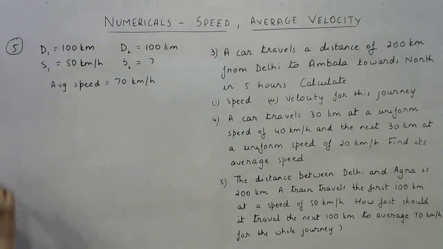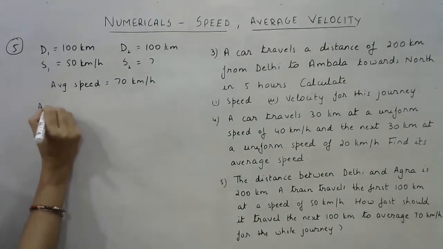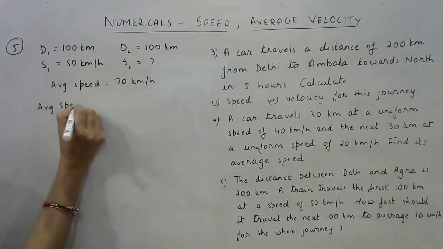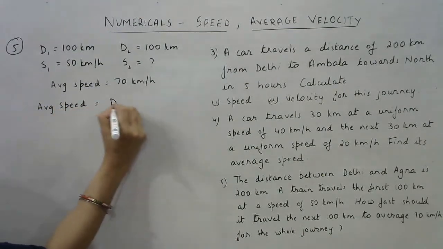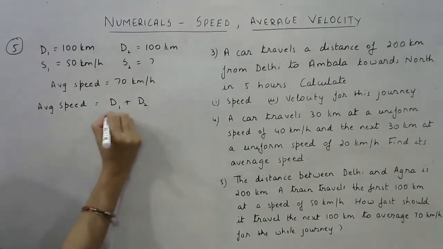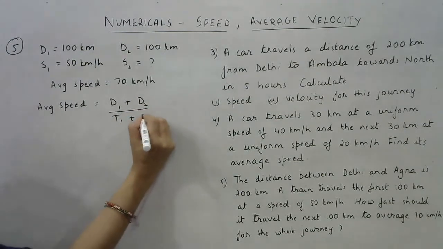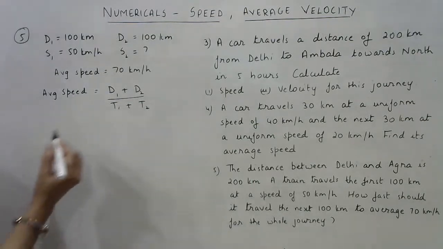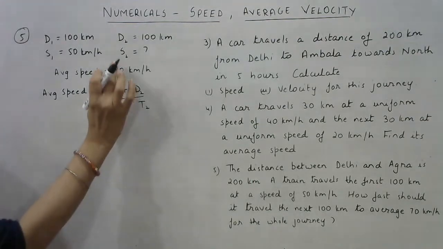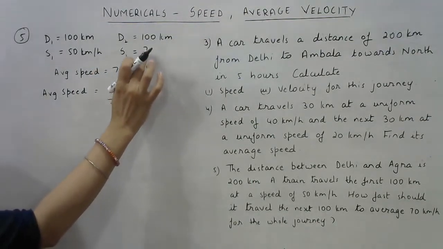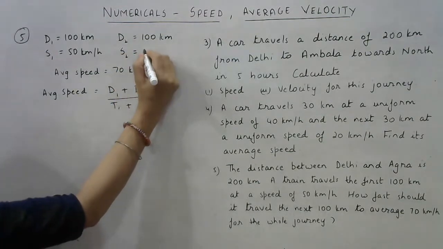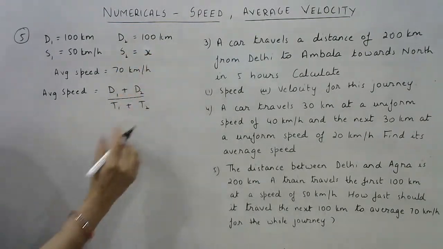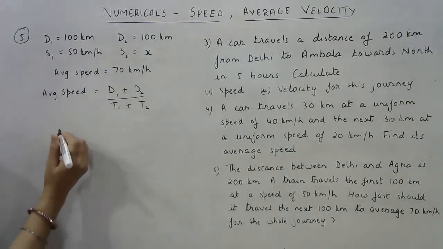Now we are going to simplify it using the formula. Average speed is equal to total distance, that is d1 plus d2 upon total time, that is t1 plus t2. So we'll substitute the values over here now. Since S2 is unknown, or we have to find S2, either we can substitute it as S2 only or we can consider it to be X. So now I'll be substituting the values here.